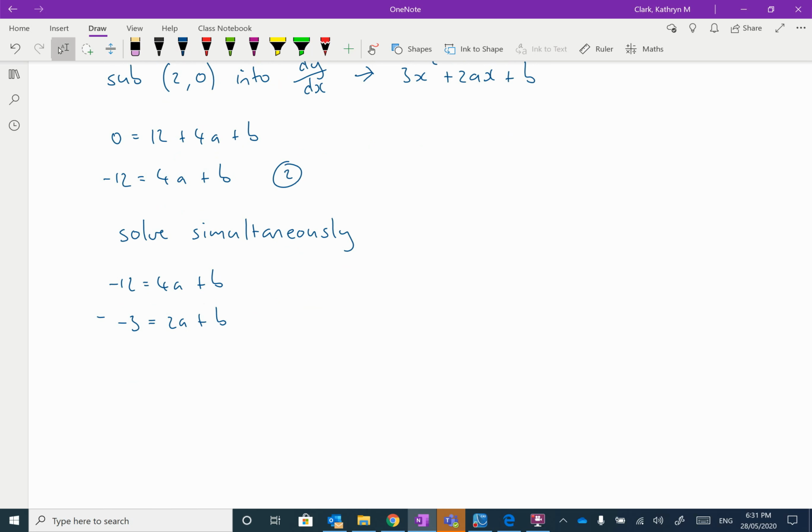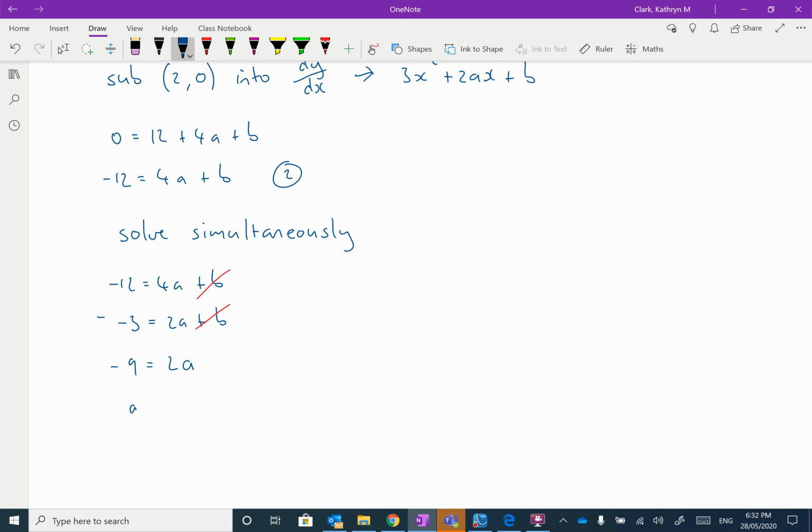So -12 plus 3 is going to be -9 equals 2a, and the b's will cancel out. Just be careful with your notation here as well. Make sure your a's don't look like 9s and vice versa. This is one of those things that examiners say: make sure they look different, because otherwise you misread your own writing and then mess it all up.